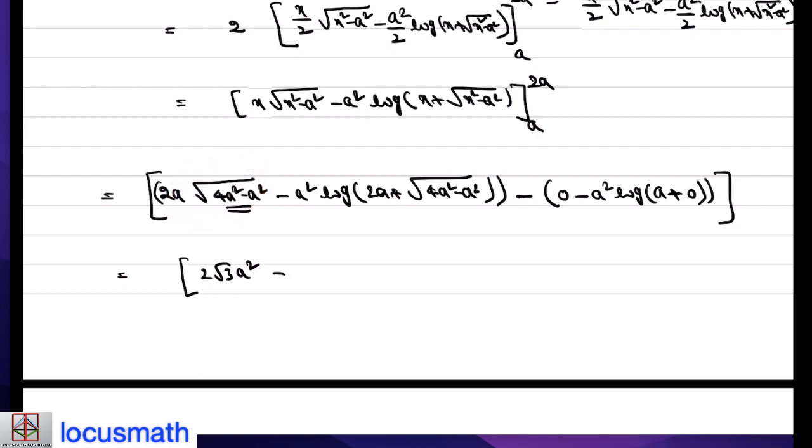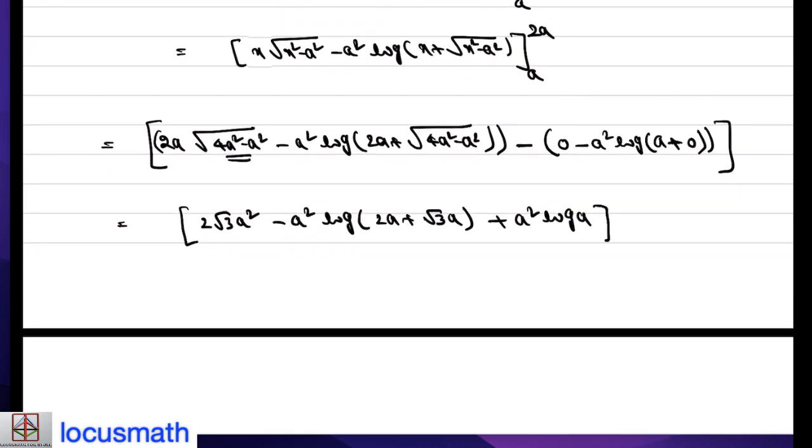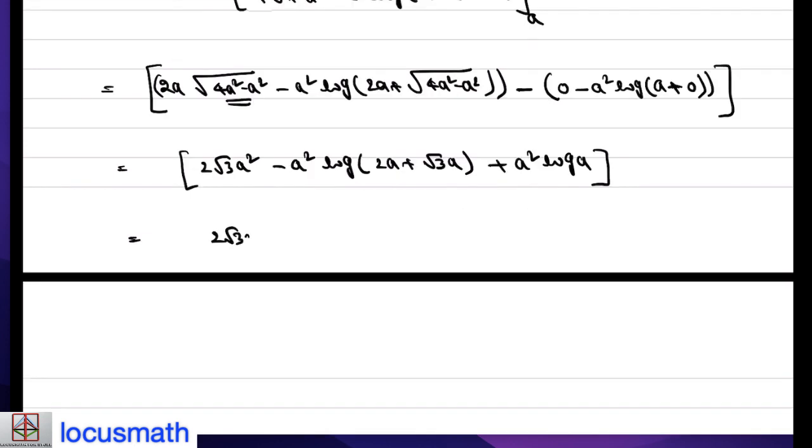Next term will be a square into log of 2a plus root 3a, minus minus plus a square into log a, equals 2 root 3a square.